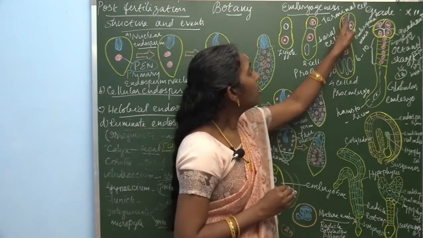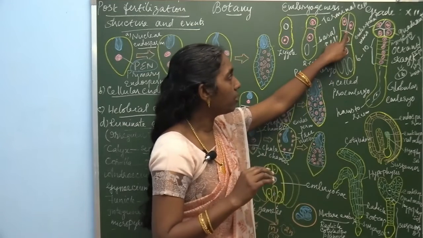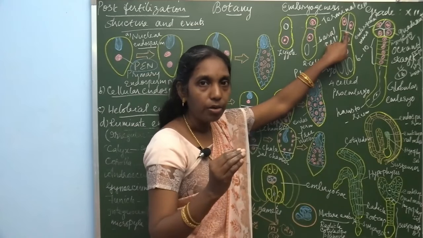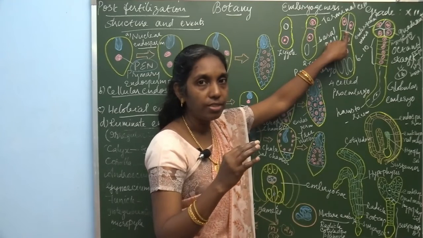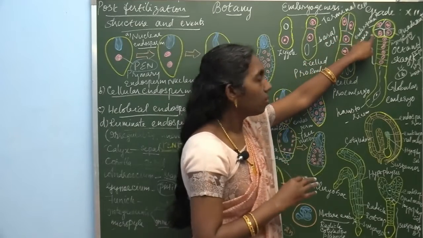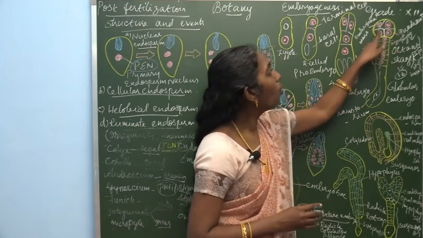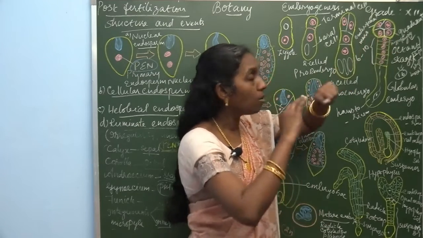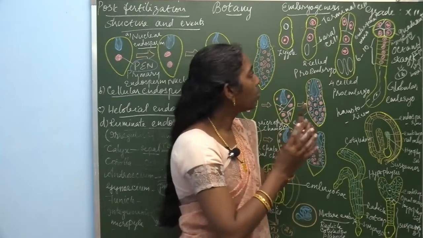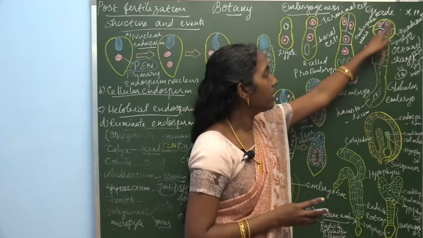Now the upper part, the terminal region, undergoes a transverse division at right angle to the earlier one, and it produces a four-celled stage from the terminal cell alone, which is called the quadrant.